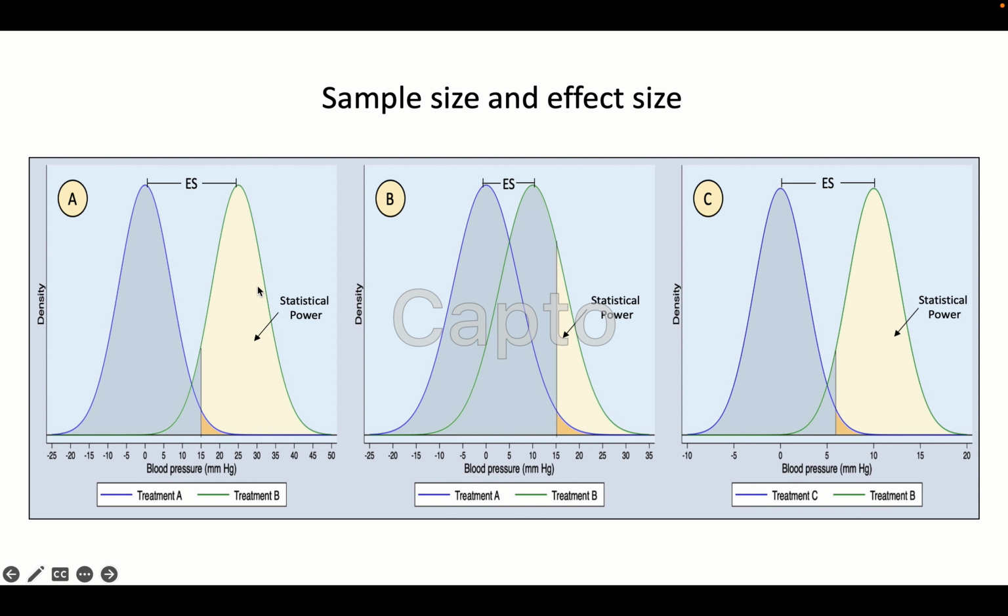But the problem with this is that once the study is done, if this effect size was not the true effect size observed in your sample, you will have something like this, right? Imagine that before starting you were expecting an effect size as large as this, but after finishing your study, you realize that your effect size was not as big as you were expecting.